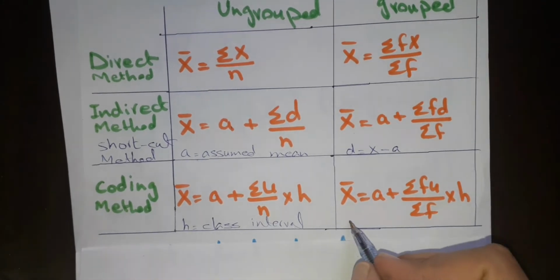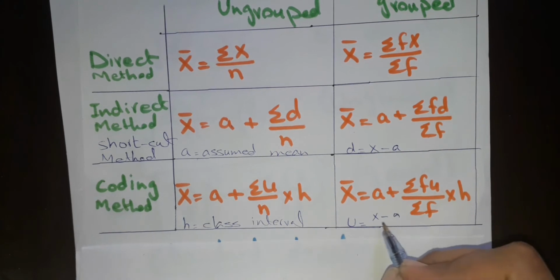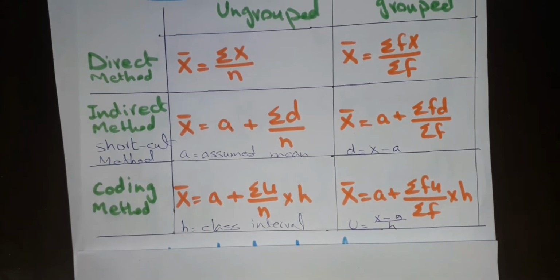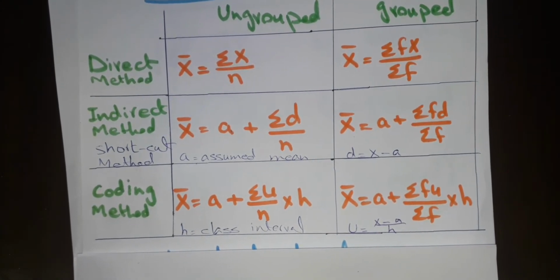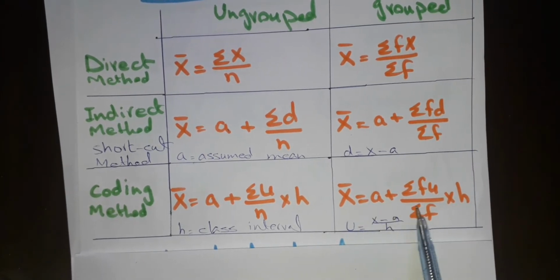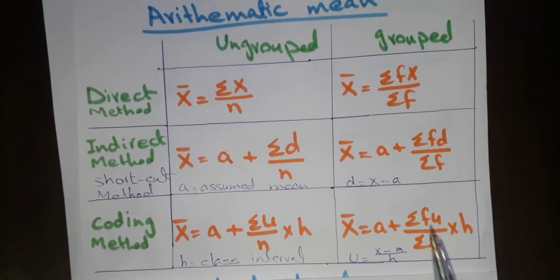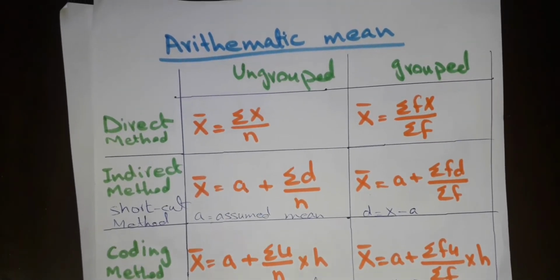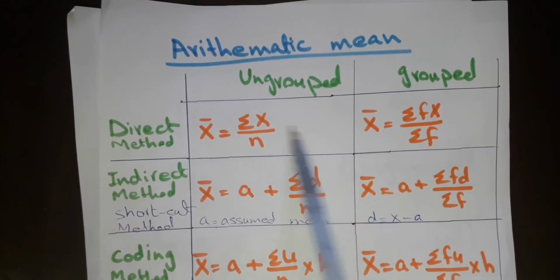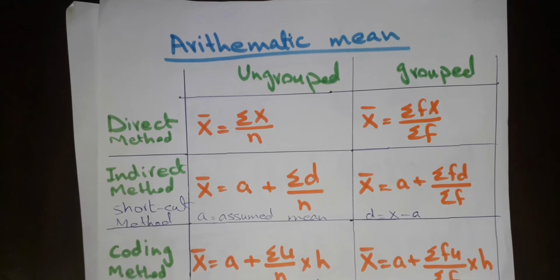The formula of u is equals to x minus a over h. And this is the grouped method: x bar is equals to a plus summation fu over summation f multiplied by h. Students, everybody knows about arithmetic mean formulas: direct method, indirect method, and coding method.